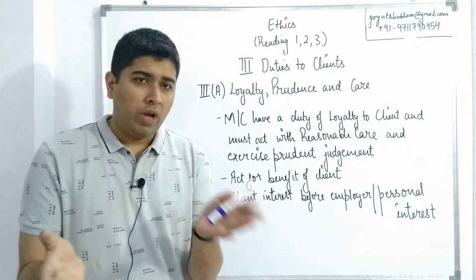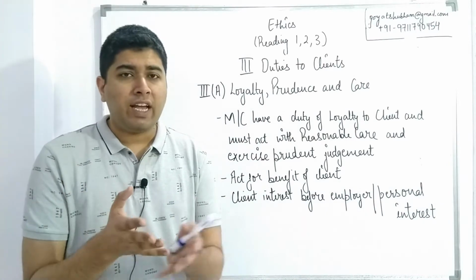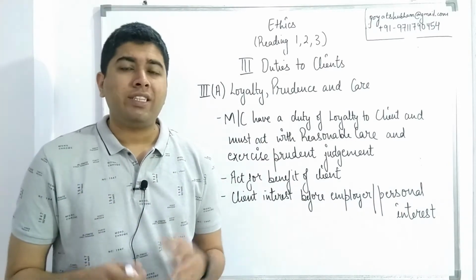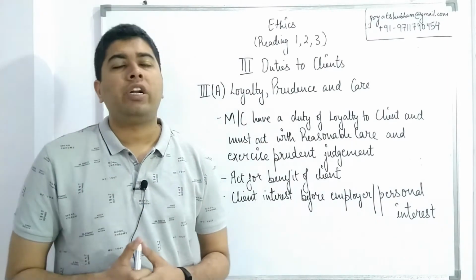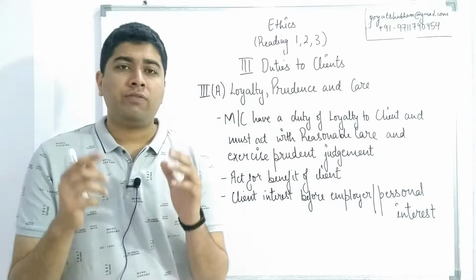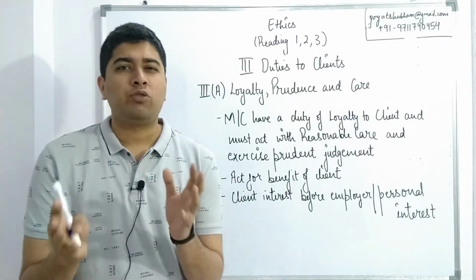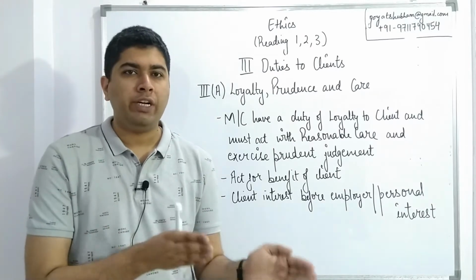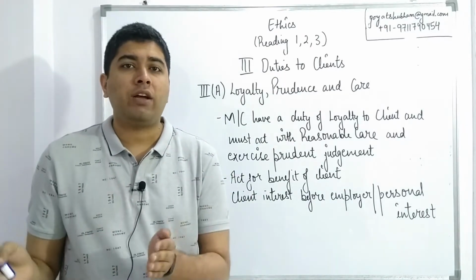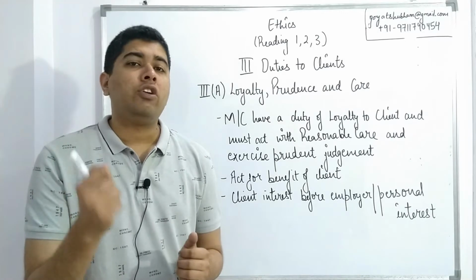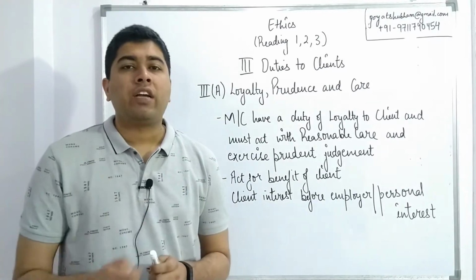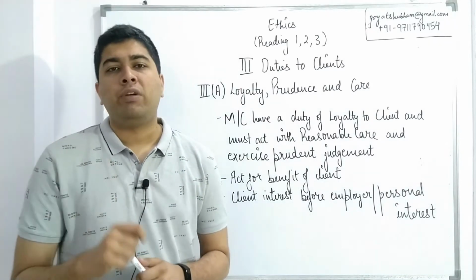Whenever these actions conflict with each other, the standard is simply saying the first priority always goes to the client. So in any case where all the possible actions are conflicting with each other, your simple choice is to take the action which is most beneficial for the client.